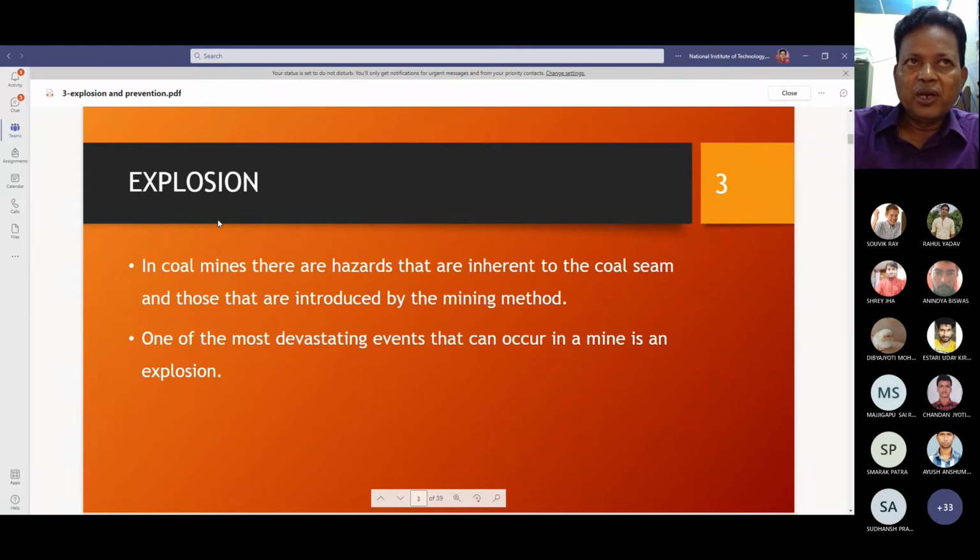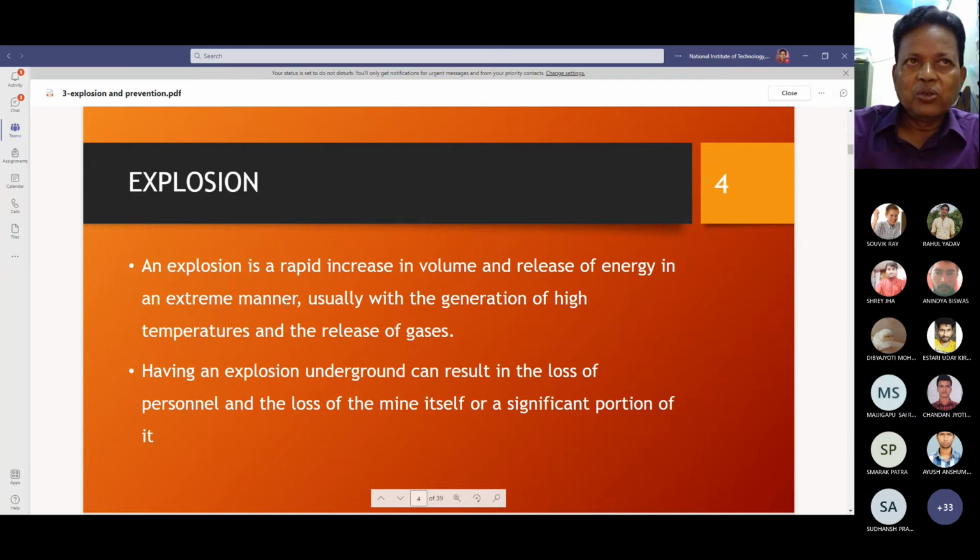We have defined what is a coal mine explosion. In coal mines, there are hazards that are inherent to the coal seam and those that are introduced by the mining method. One of the most devastating events that can occur in a mine is an explosion.